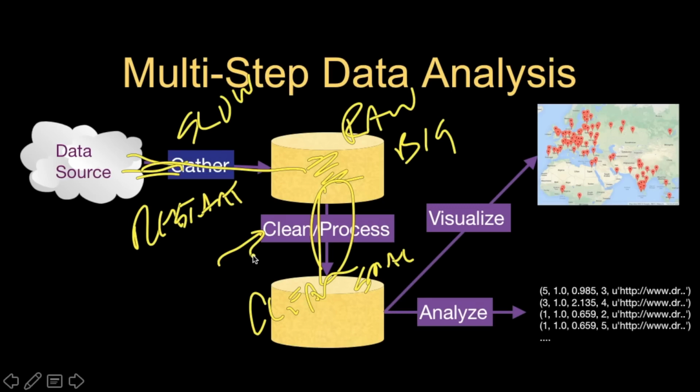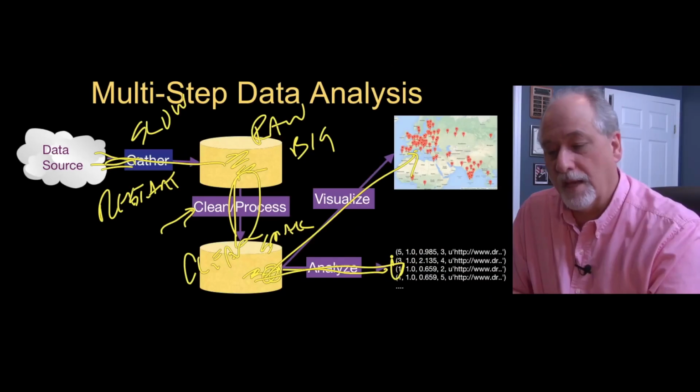And then you'll end up with really clean data, and that's relatively small. You might run programs that loop through this to do visualizations or analysis or whatever. So you'll actually use this database as a source of information. Okay? So that's the basic pattern of what we're going to work with.